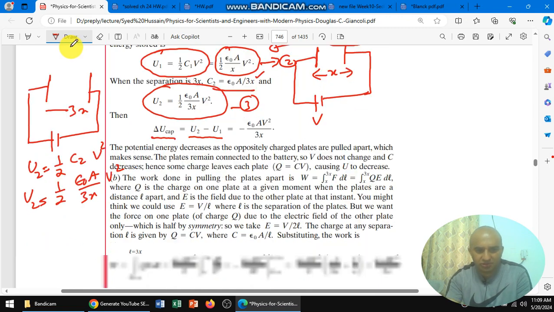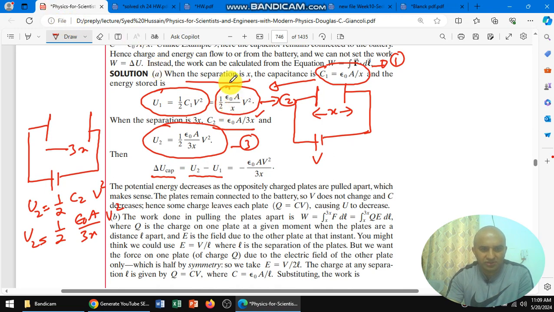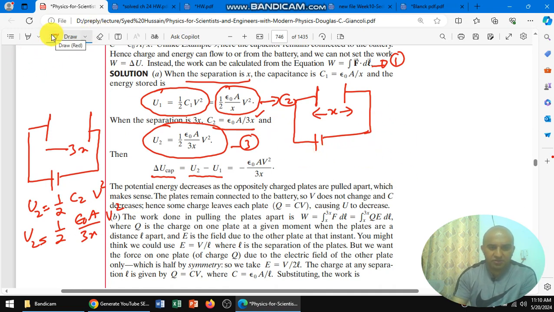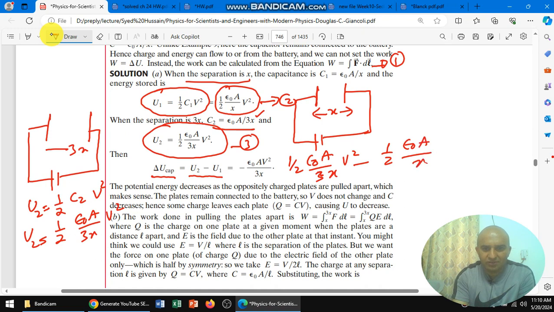All the terms are constant, so we can take the difference: half epsilon naught A over 3x V squared minus half epsilon naught A over x into V squared.